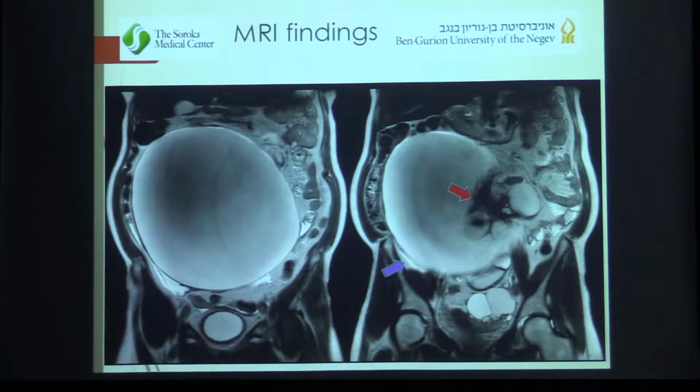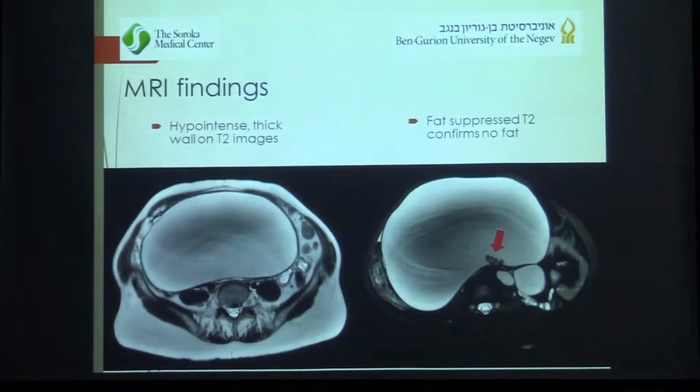On these coronal T2 MRI images, again, we're seeing a very minimal ascites, this purple arrow, and we see these hypointense solid structures on T2, which are indicative of fibrosis. On this image, we see a thick hypointense T2 wall, and we confirm that there's no fat on the fat suppressed images.